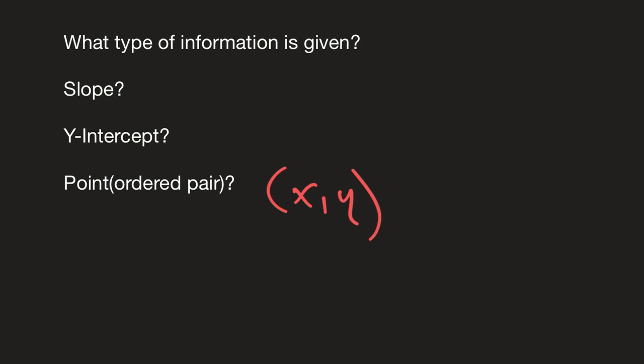Now, some of this information could also come from a picture. You guys have experienced that on the warm-up a little bit. I might give you the picture of a line. From the picture of a line, you can determine a slope. You can determine a y-intercept, okay? So some of this information could be presented to you visually, as far as from a graph or a picture. All right? Good with this slide?